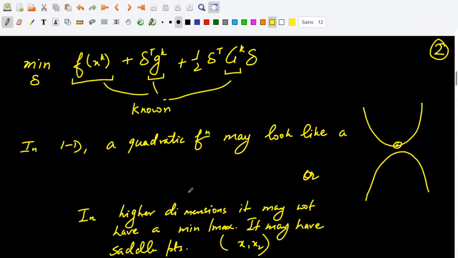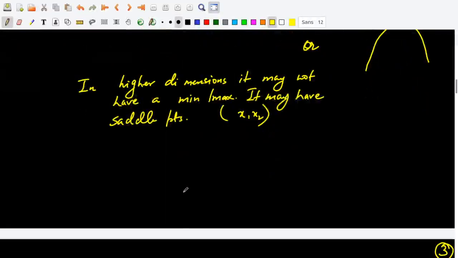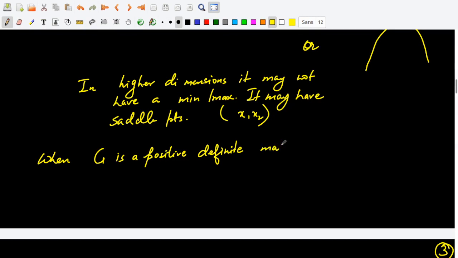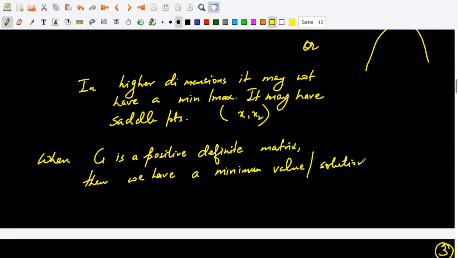So in higher dimensions, whenever G is a positive definite matrix, then we have a minimum value or solution, and not just this geometric intuition.